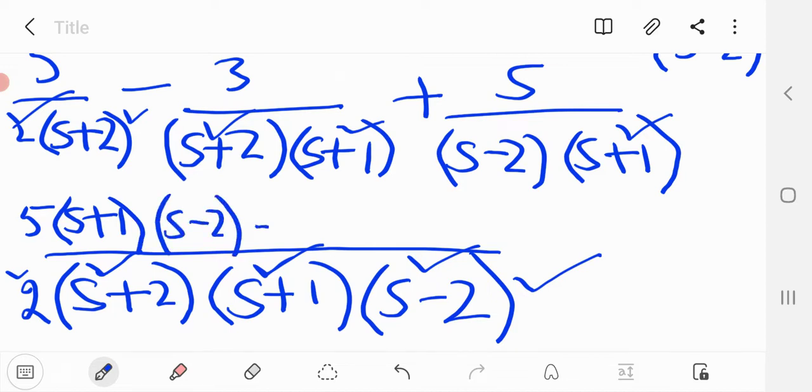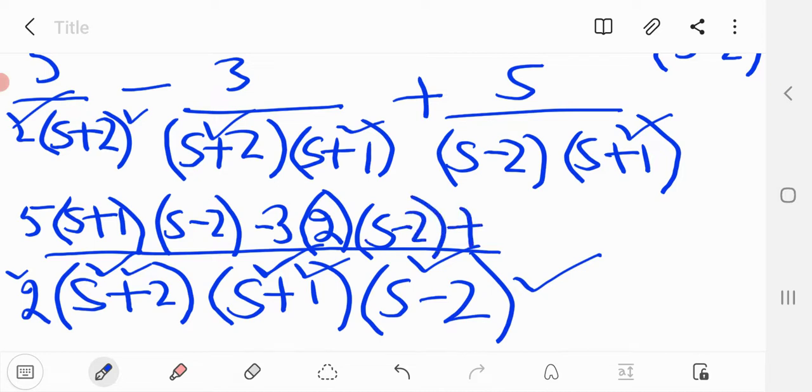Similarly, minus 3 multiplied by, in the second step also, the whole denominator divided by s plus 2 and s plus 1. So s plus 2 will be cancelled with s plus 2, s plus 1 will be cancelled with s plus 1. The remaining factors, 2 and s minus 2, will be multiplied with 3. So 2 into s minus 2.